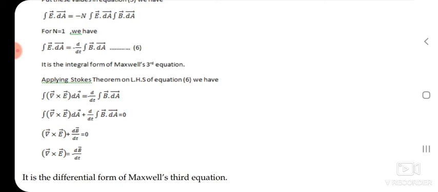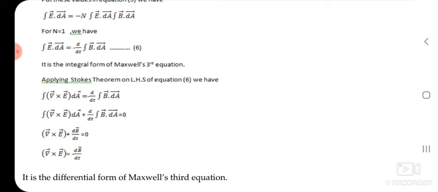If we apply the Stokes theorem on the left hand side of equation 6, then we can change the line integral into the surface integral.